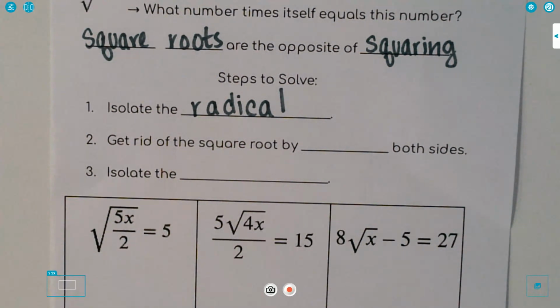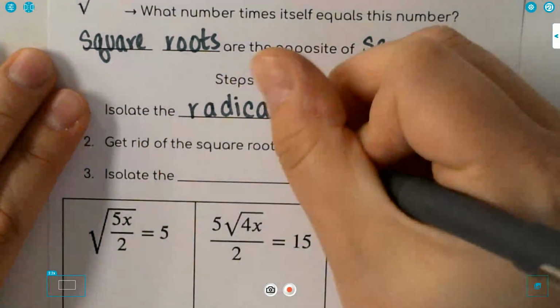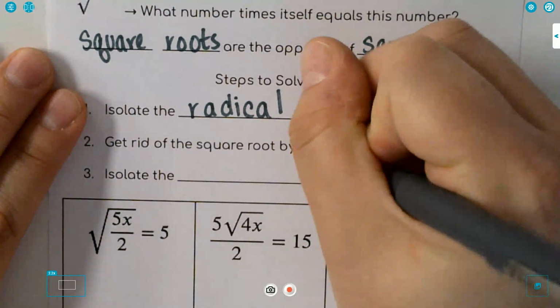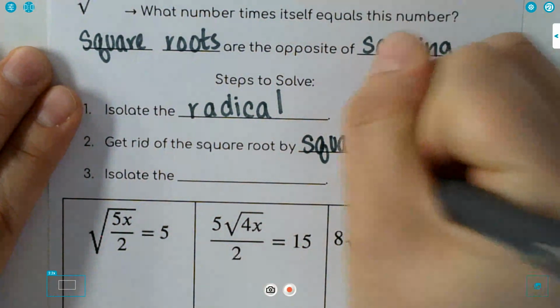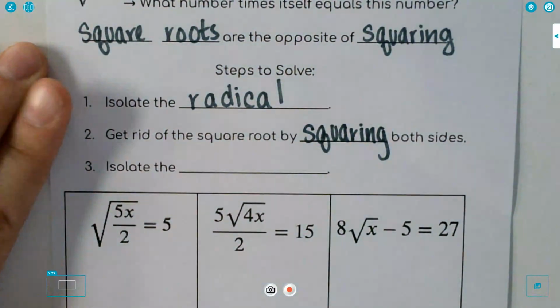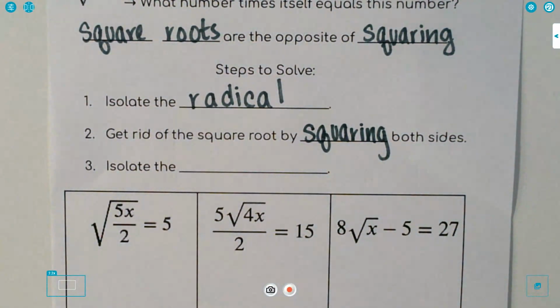Then your second step is to get rid of that square root by squaring both sides of your equation. Once you get that done, you can isolate the variable.